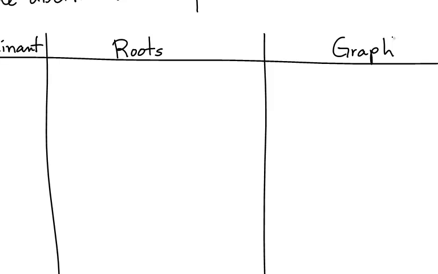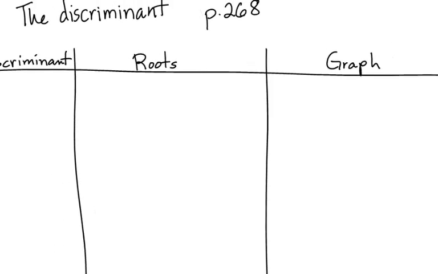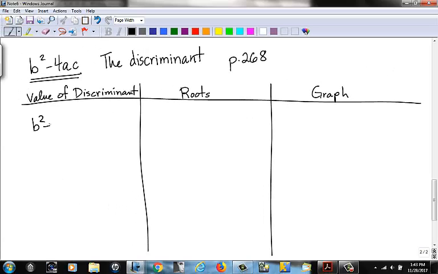First, if you just sub in to the b squared minus 4ac, and it's greater than 0, say you got 31, that's greater than 0, but I don't want that one. I want one more, and it's a perfect square. So let's say I got 49. 49 is greater than 0, and it's a perfect square.